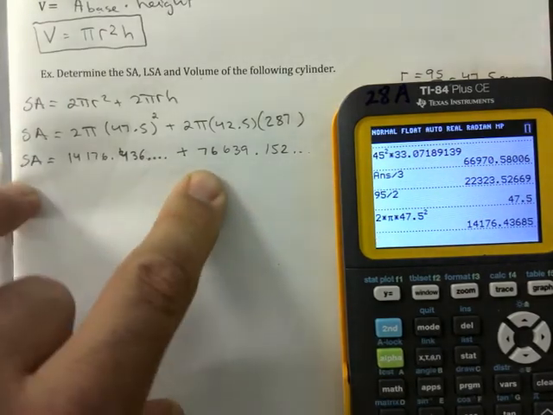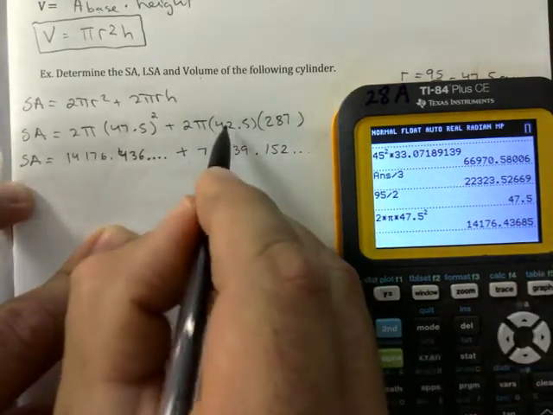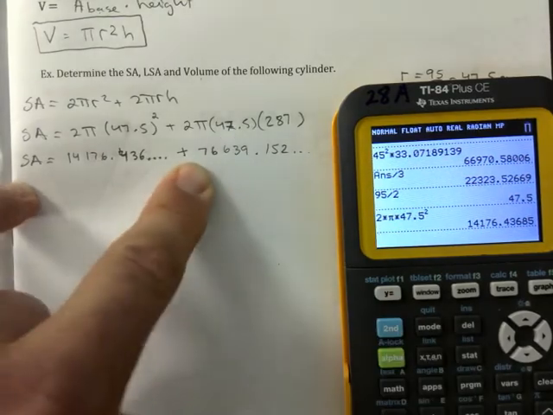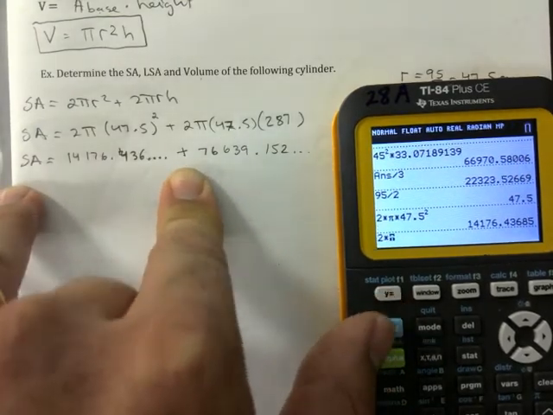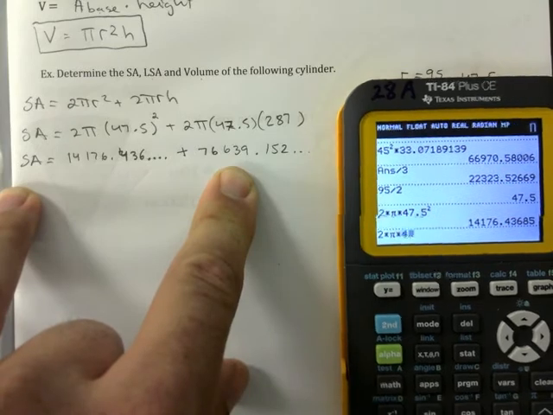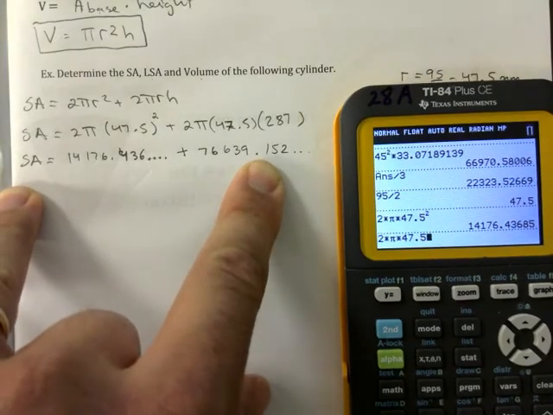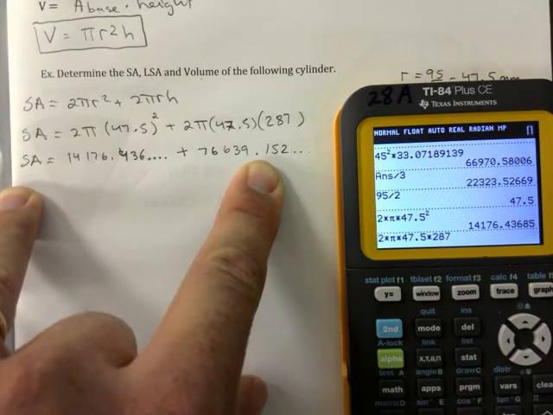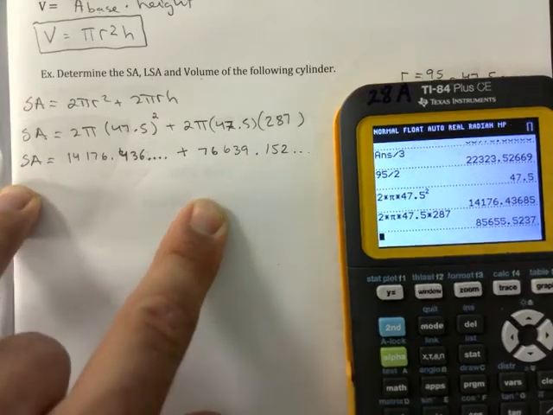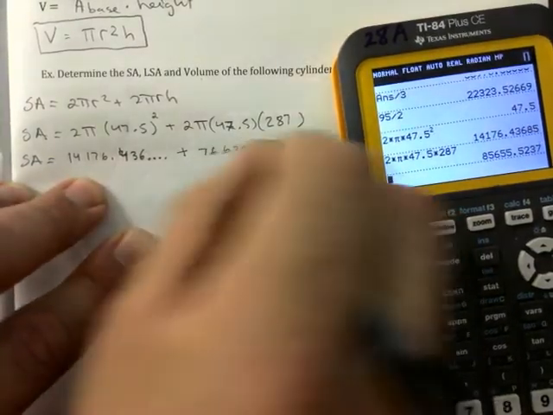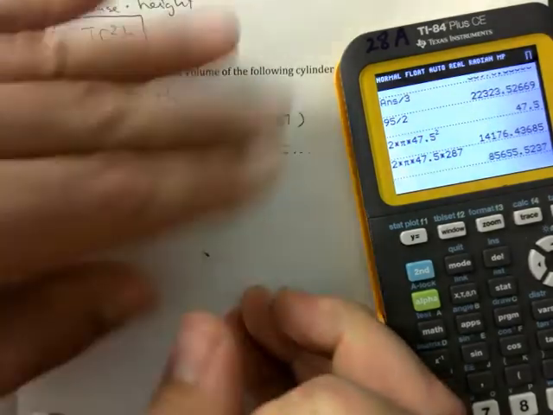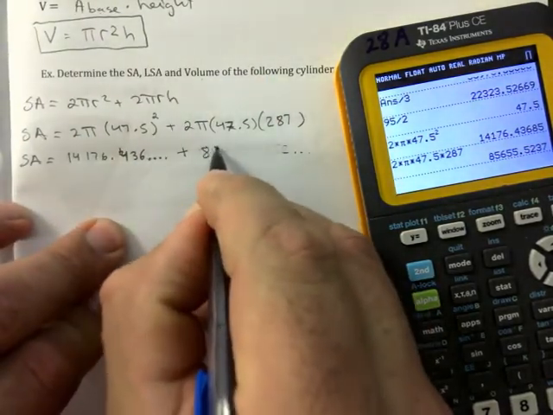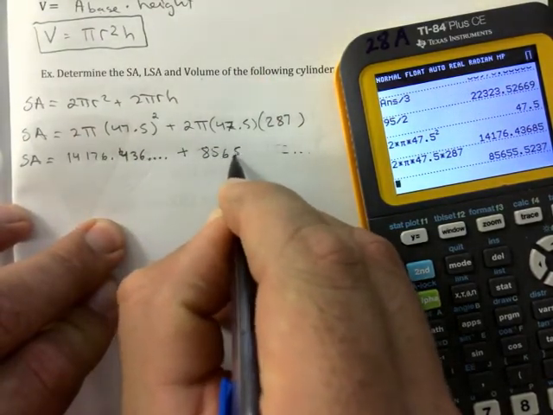Everybody's mumbling. It's like, why? So that's 2 times pi times 47.5 times 287. So that makes that number. And it's recorded, right? This mistake is now recorded.